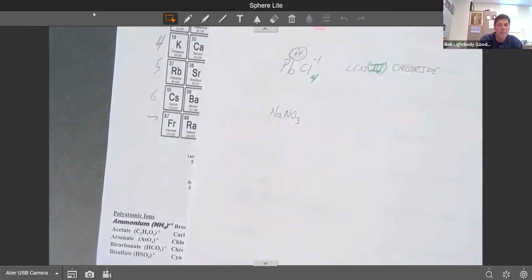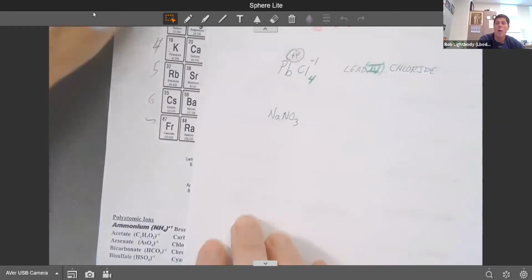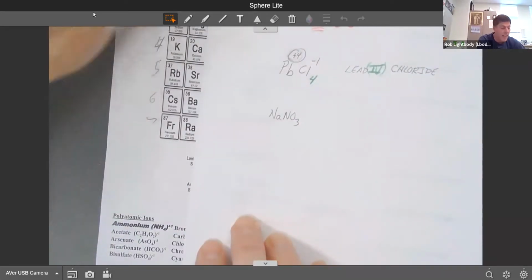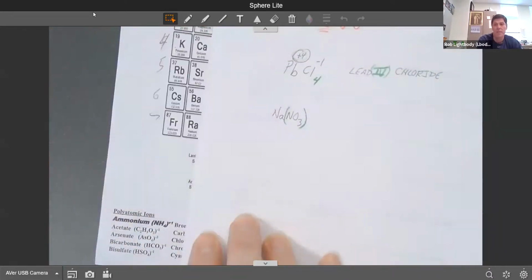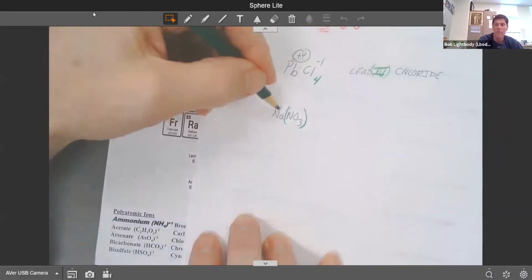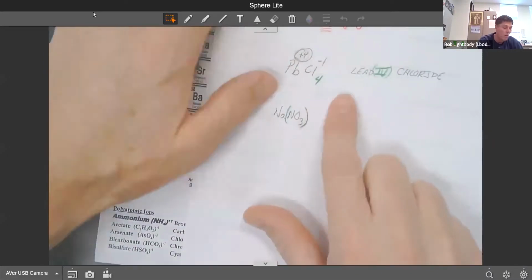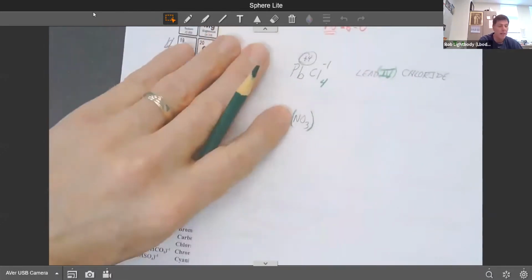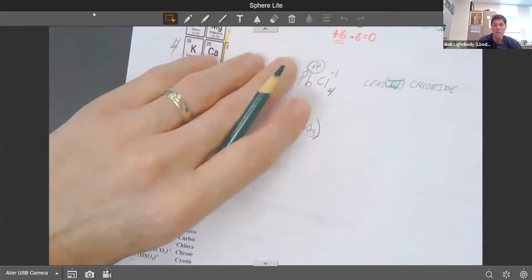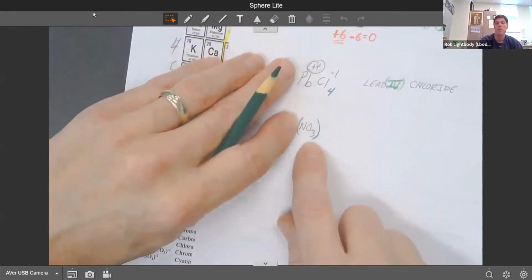With very, very rare exceptions, all of the polyatomic ions are negatively charged, and the negatively charged ions are always written last. So if I pull off the very first thing, which is going to be a metal, whatever's left is my polyatomic. Doesn't matter how many of those metals I cover, whatever's left is my poly.